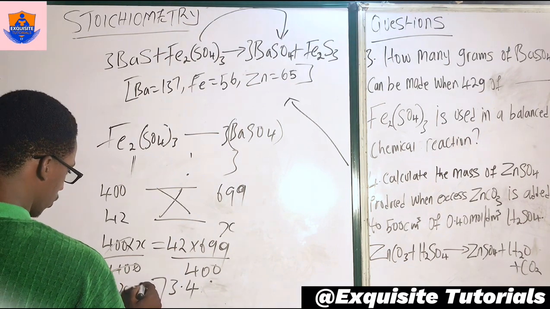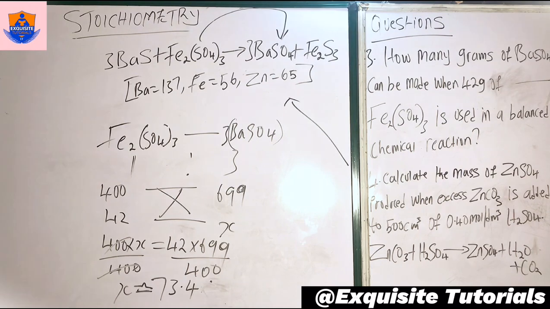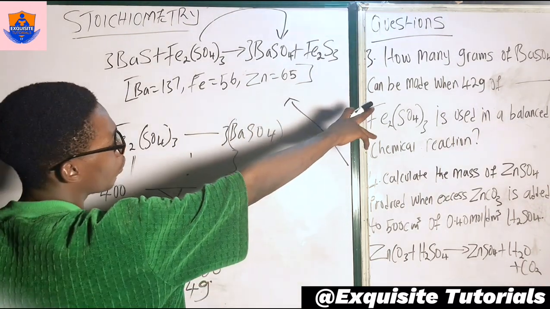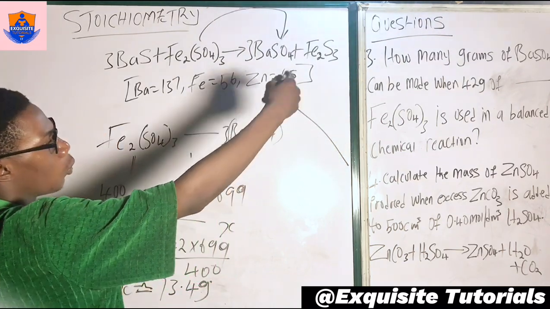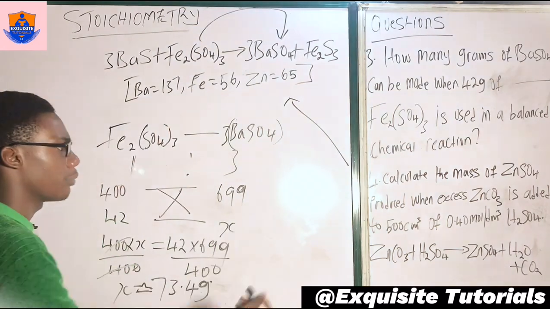So 73.4 grams of barium sulfate can be made when 42 grams of this compound is used in a balanced chemical reaction.